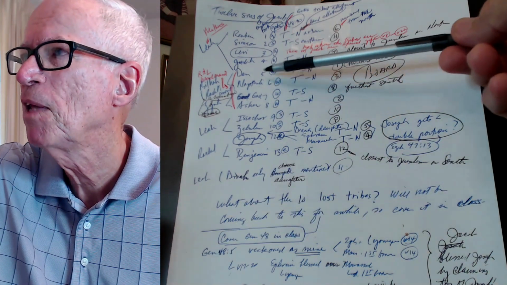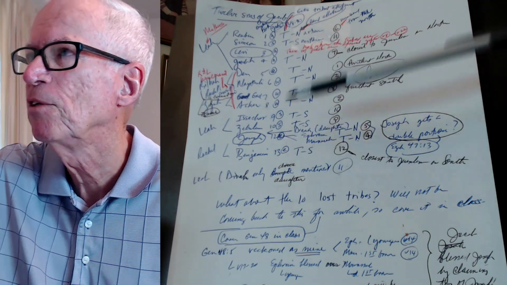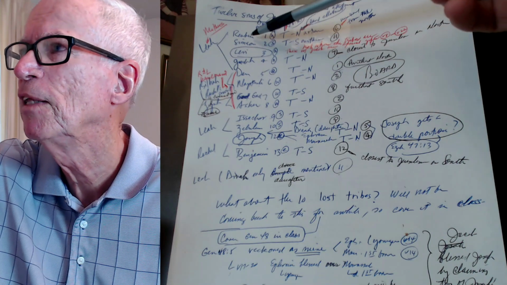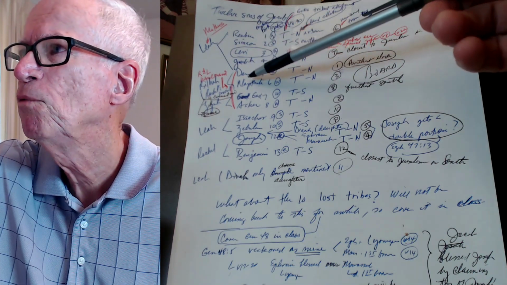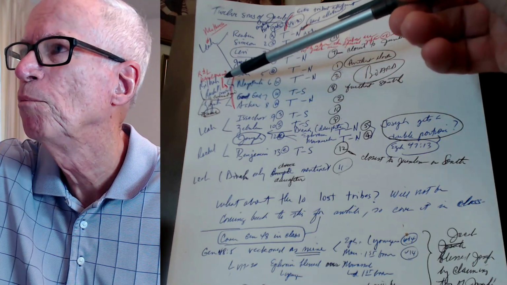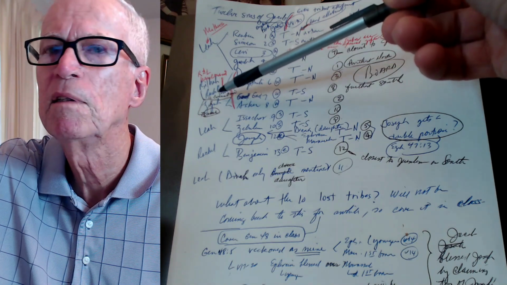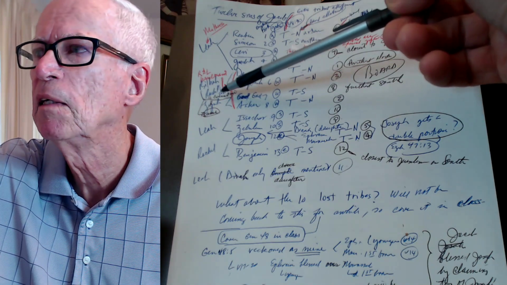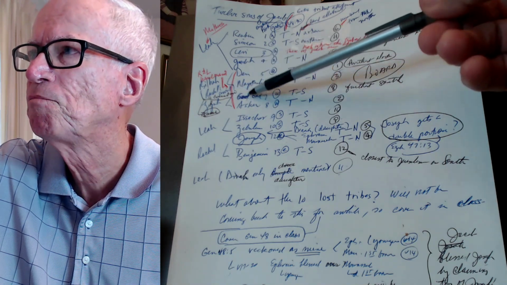Then there was Naphtali, Gad, and Asher. I neglected to tell you that the first four children were born to Leah. The next four children, Dan, Naphtali, Gad, and Asher, were born to two of the handmaidens of Leah and Rachel.